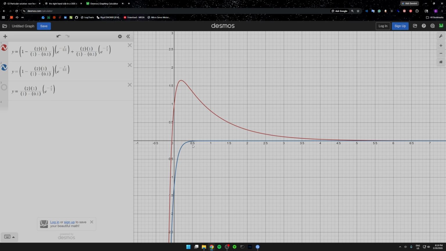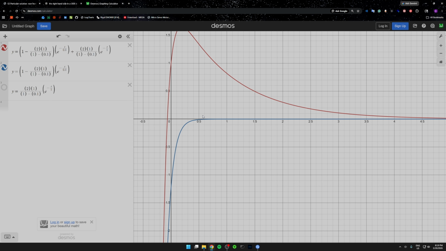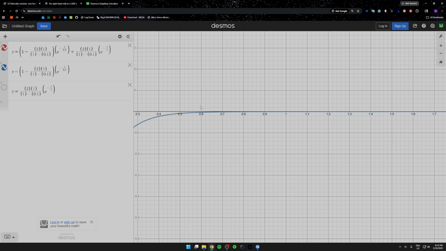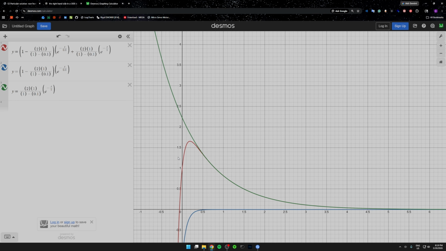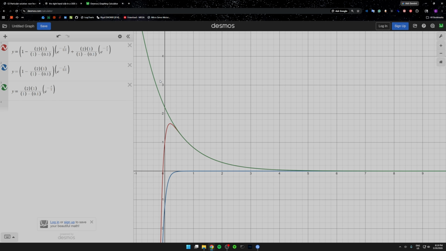So this is our homogeneous solution, and yeah, it's a transient and it decays quite fast. It's gone by the time we reach 1 or even before that. And let's look at our particular solution, and it lasts a little bit longer.